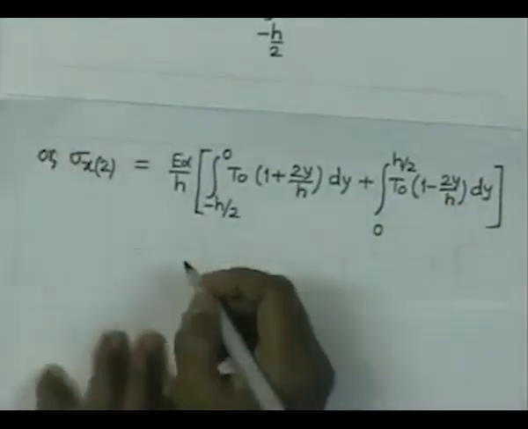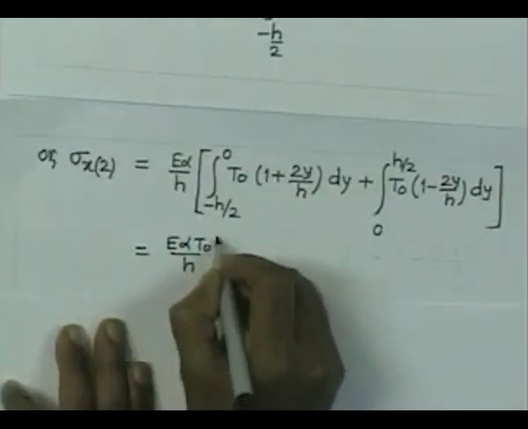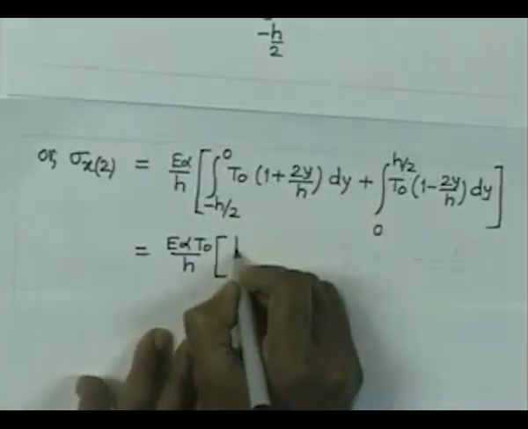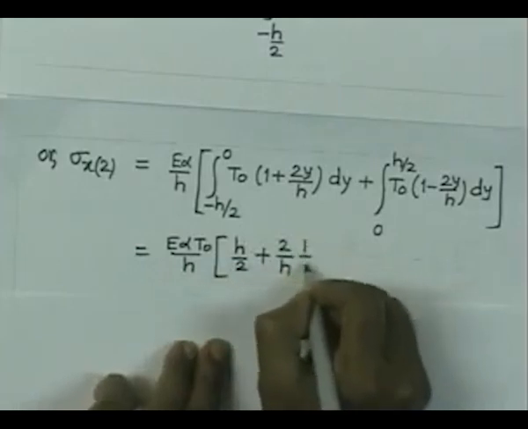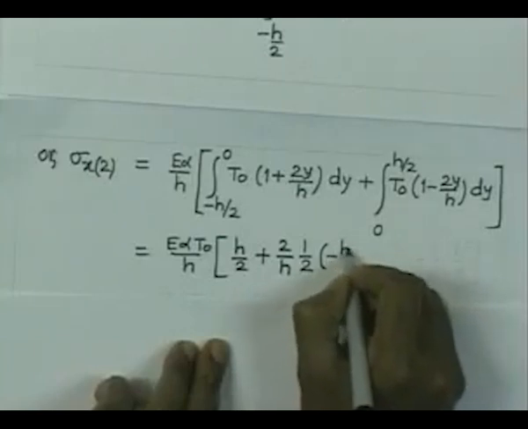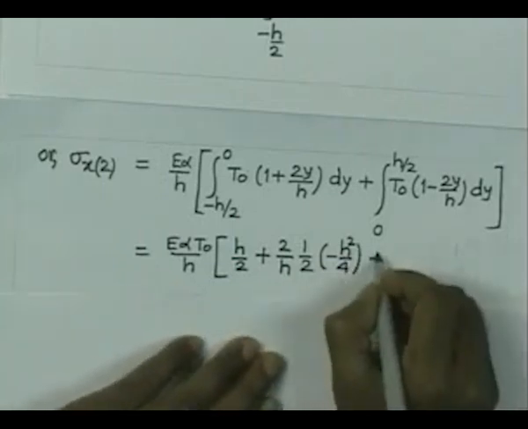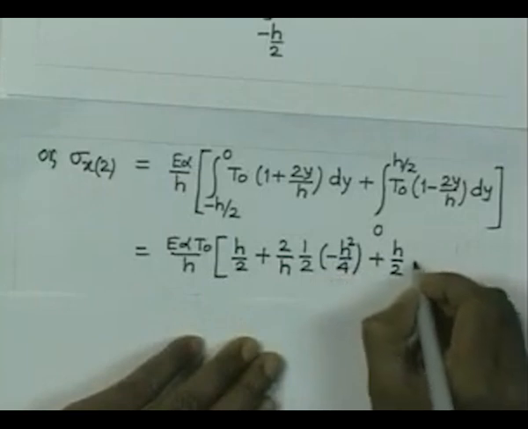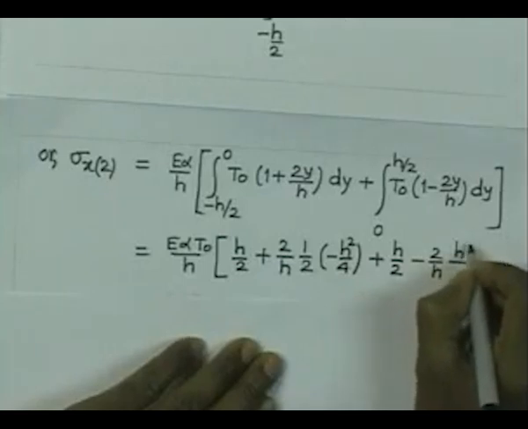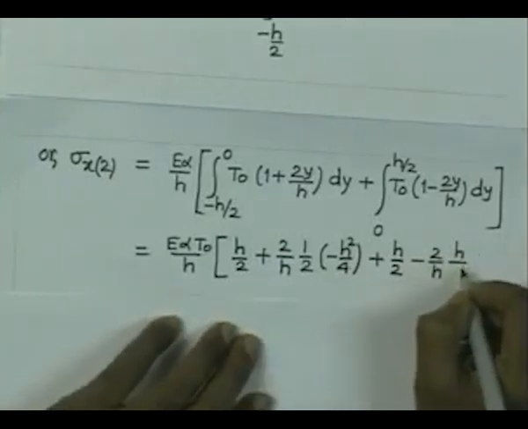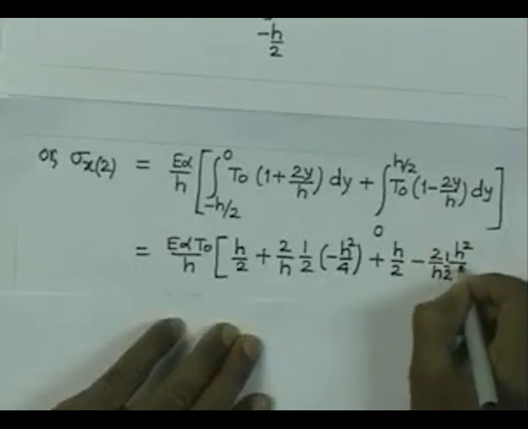So, now if we do the integration, it gives us E alpha by h T0, and this will give us h by 2, this is 2 by h into 1 by 2 times minus h square by 4, plus h by 2 minus 2 by h, there will be one factor half here, and it is h square by 4.